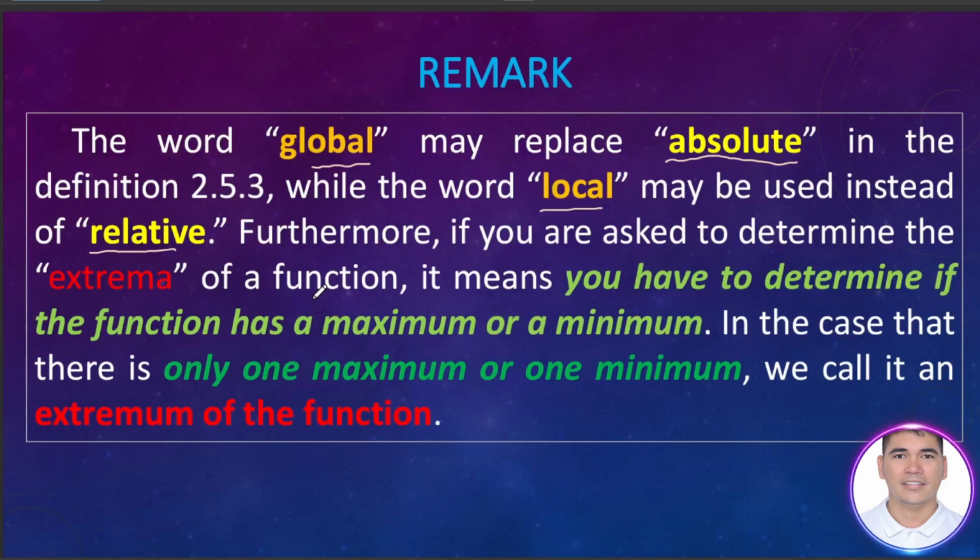Furthermore, if you are asked to determine the extrema of a function, what does it mean? It means you have to determine if the function has a maximum or a minimum. In the case that there is only one maximum or one minimum, we call it the extremum of the function.